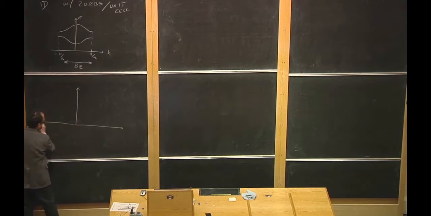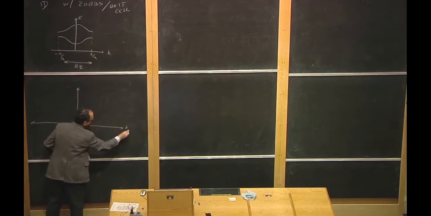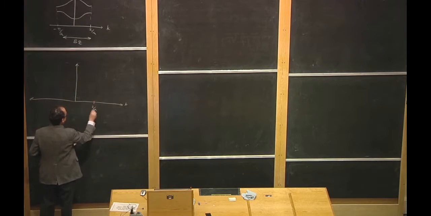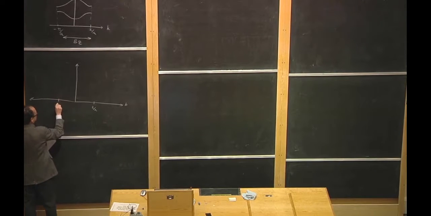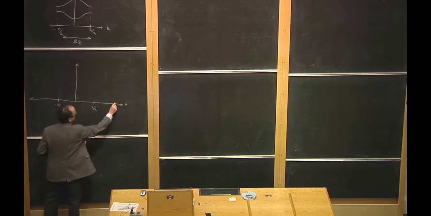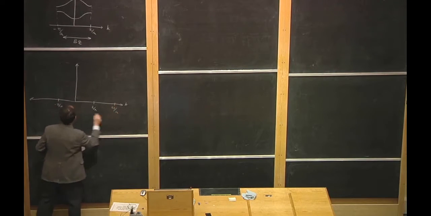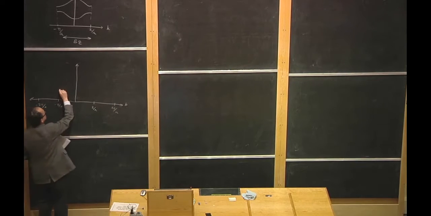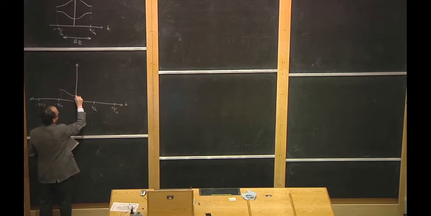looking like this. Here's K. Here's pi over A. Here's minus pi over A. Here's 2 pi over A. And here's minus 2 pi over A. So we have the same picture for the first mode.